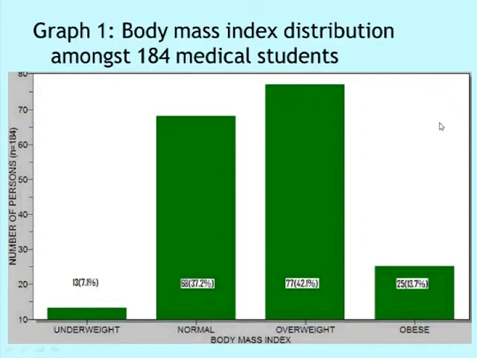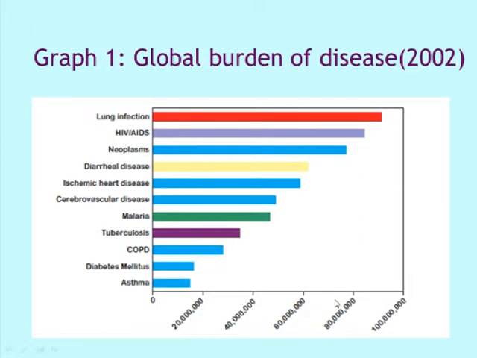Now, if you look at this bar chart, we are only studying one variable, that is body mass index. We can have several diseases or several types of illness being presented in one bar chart. So as you can see here, this is a graph showing you the global burden of disease. So you have several infections and their relative proportions given.